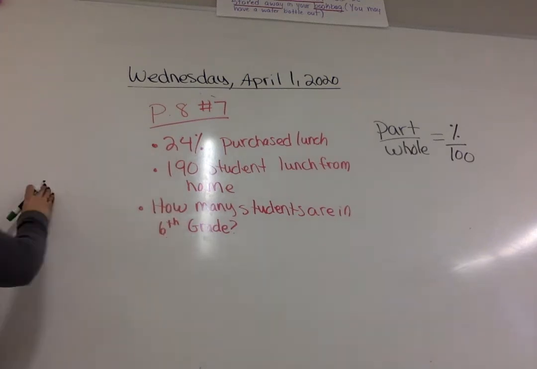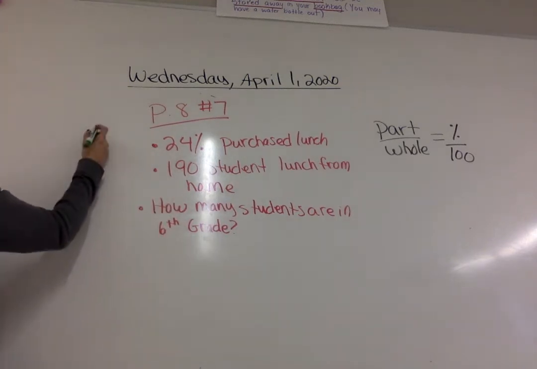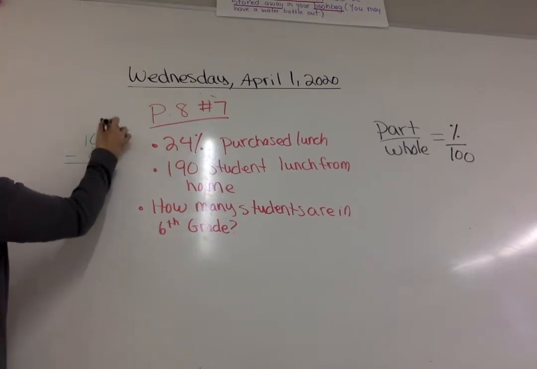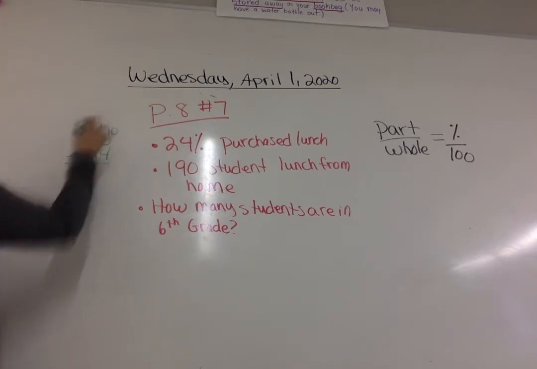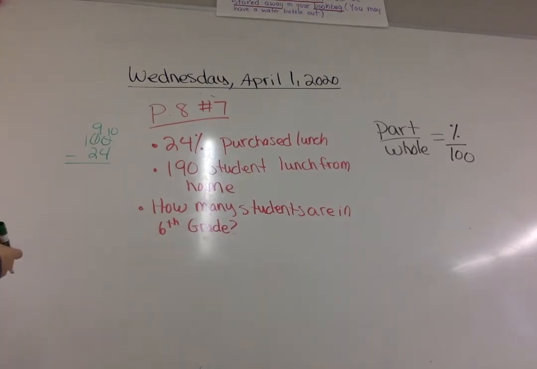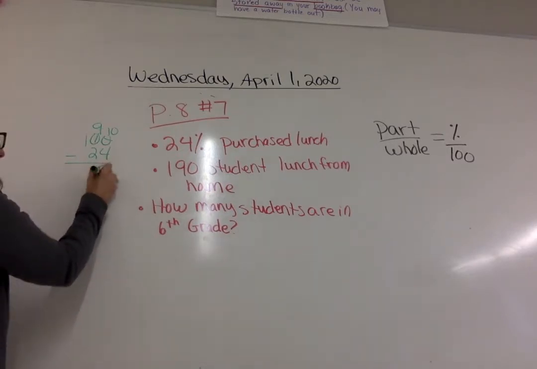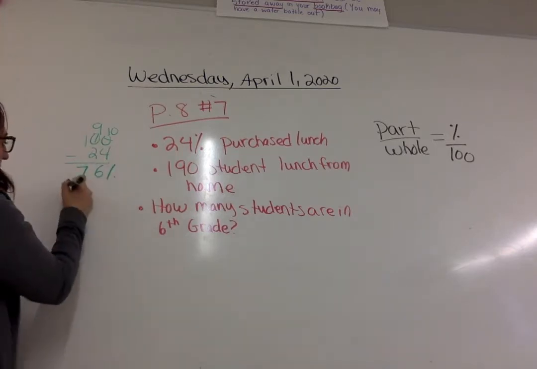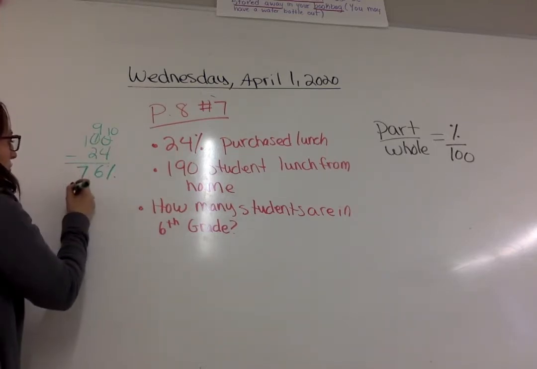So first of all, I'm going to show you over here. If we have 100 minus 24, we're now going to subtract because we want to figure out how many students bought their lunch from home. So this is 76%. They bought lunch from home, right?